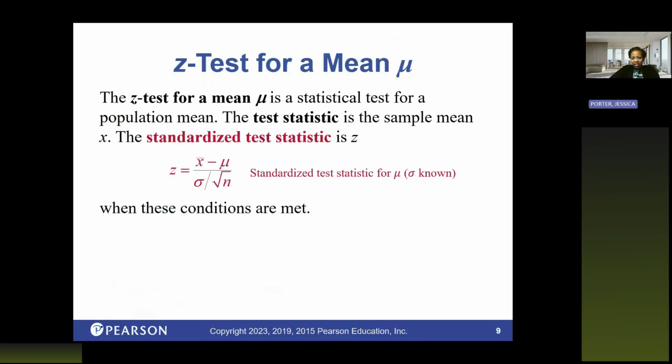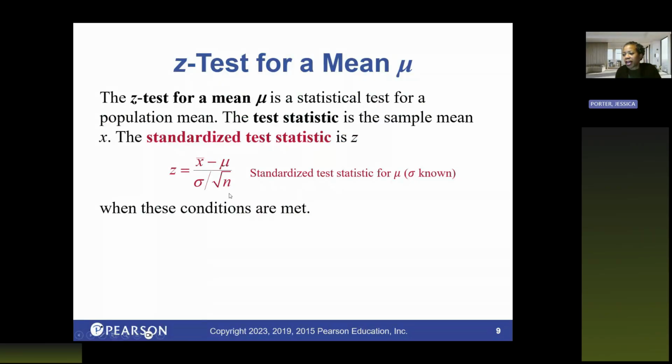All right. So the z-test for mean mu is a statistical test for a population mean. The test statistic is the sample mean x bar. The standardized test statistic is z. So it's like we're finding a z-score again.